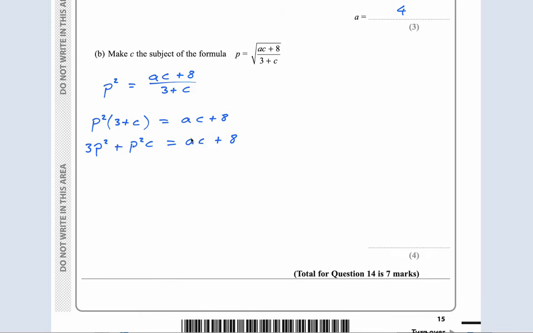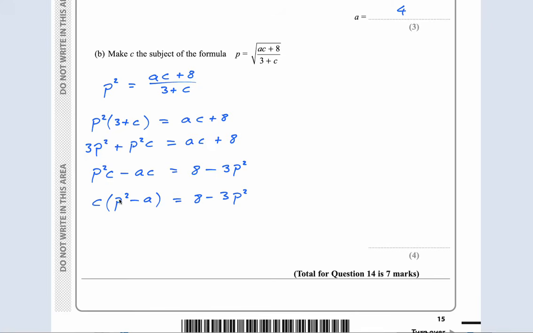Okay, now the terms with c, which is this one and this one, I'm going to get on the left. So p squared c minus ac, I subtract this ac, equals 8, still here, minus 3p squared. I'm going to subtract this 3p squared here. Now I still need c on its own, so I'm going to have to factorize, take out the c, and I'm left with p squared minus a equals 8 minus 3p squared.